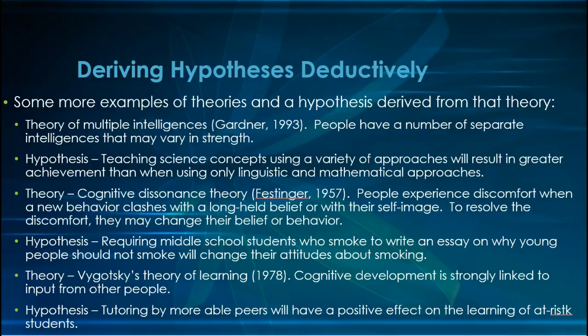There's also the theory of cognitive dissonance, which is Festinger, and that just says people experience discomfort when a new behavior clashes with a long-held belief or with their self-image. To resolve the discomfort, they may change their belief or their behavior.